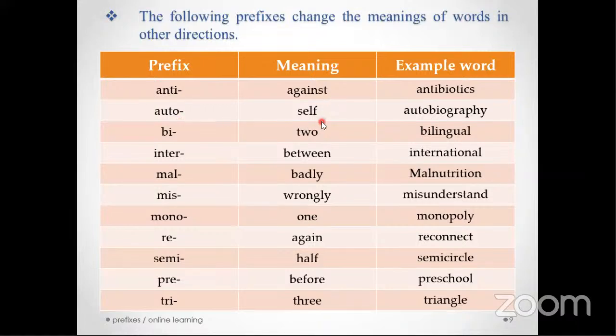Next one, the prefix is auto. Auto means self, තනිව කරගන්න පුළුවන් කියන එක. Now think about the word automatic. ස්වයංක්‍රීය, තනිවම සිදුවෙන. The word is autobiography, ස්වයං චරිතාපදානය. Autobiography means someone can write about himself or herself. කෙනෙක්ට තමුන්ගේ ජීවිත කතාව ගැන පොතක් ලියන්න පුළුවන්.